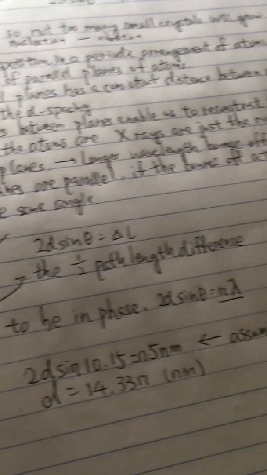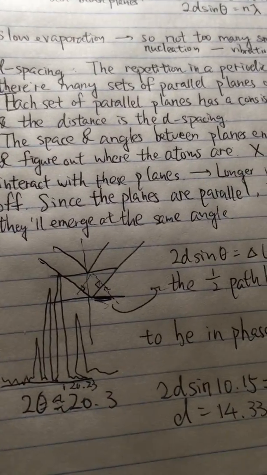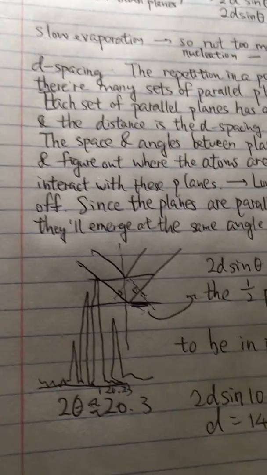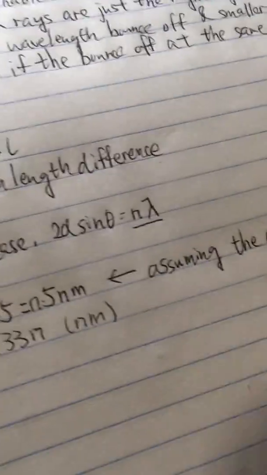So the spacing and angles between planes enable us to reconstruct the entire crystal and figure out where the atoms are. It was discovered by a British scientist at Oxford University. Anyways, X-rays are just the right wavelength to interact with those planes.